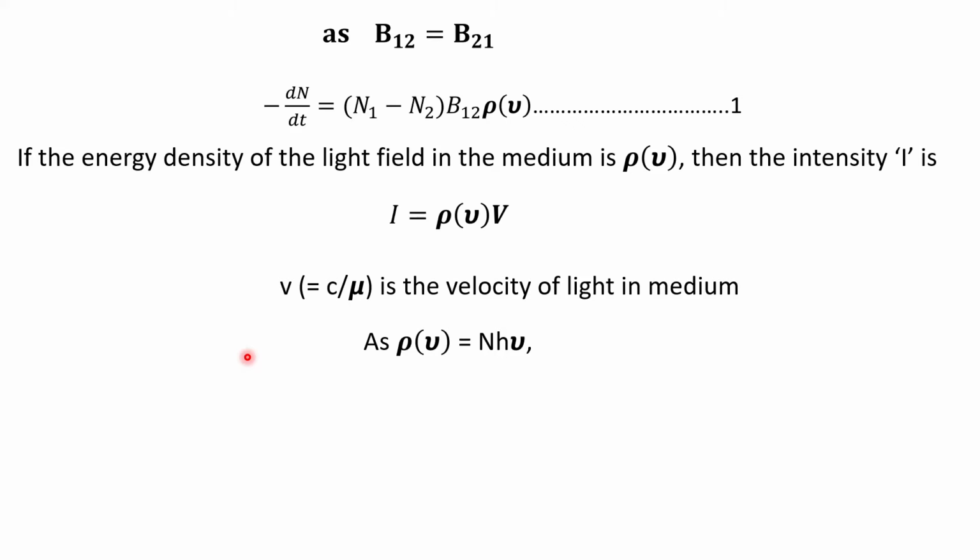The density is expressed in terms of n h nu. Therefore, the intensity I is equal to n h nu into v. Therefore, we can write n equal to I divided by h nu into v.